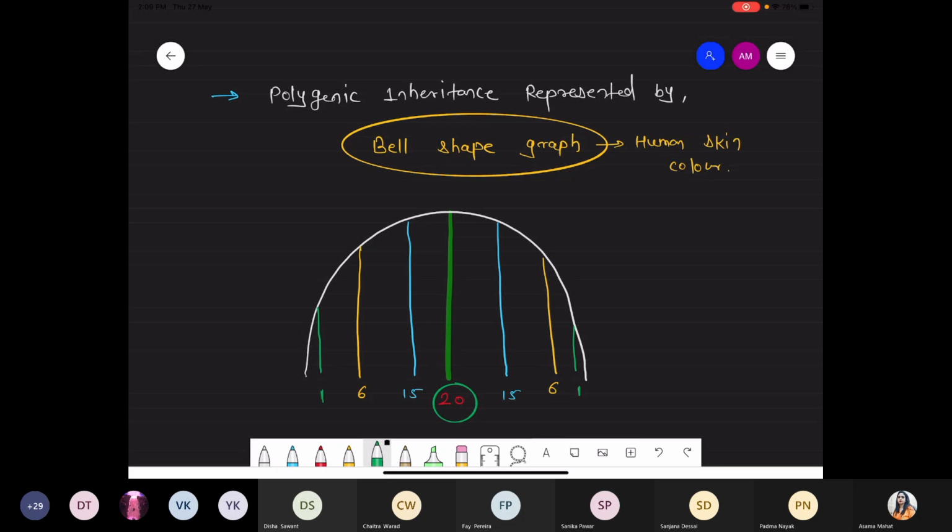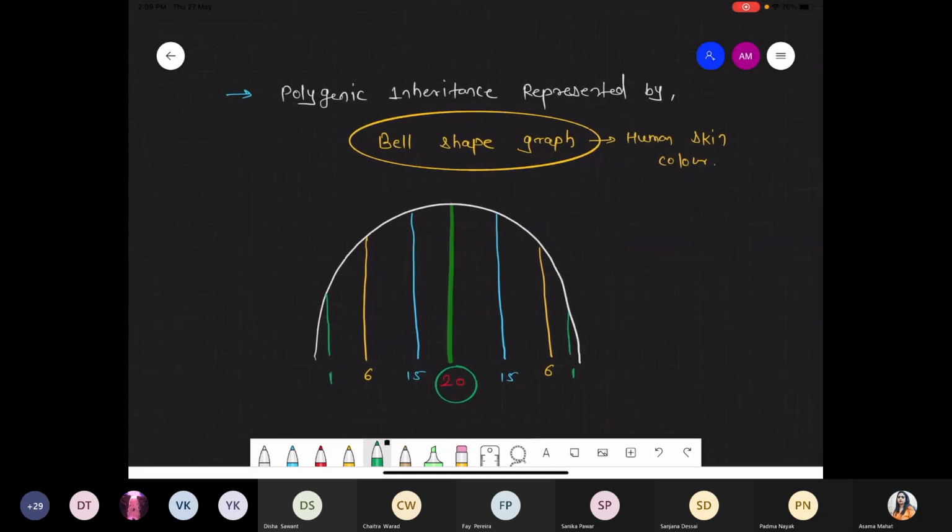So the dark color and the albino color are very rare people present in the world. Again, very dark color and very fair color have smaller numbers. Again, dark color and fair color have more than those. And intermediate, that is 20 progeny out of 64, have the maximum skin tone, that is intermediate color. Got it? So bell shape means like this. Do you get the idea of the meaning of this bell shaped graph? When you talk about polygenic inheritance, you have to represent it like this. Done?